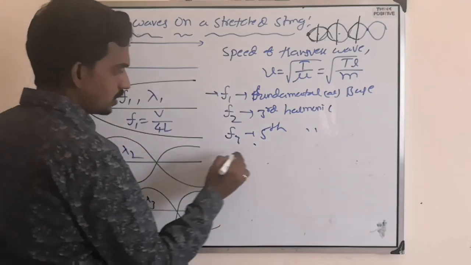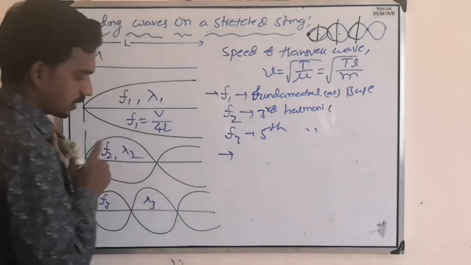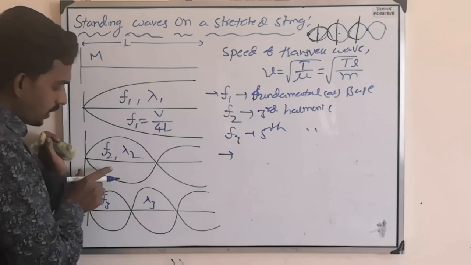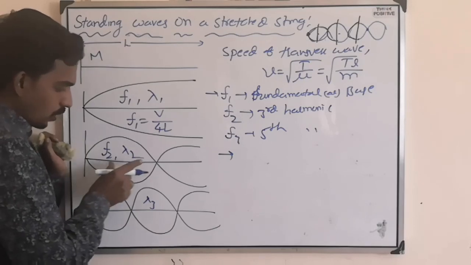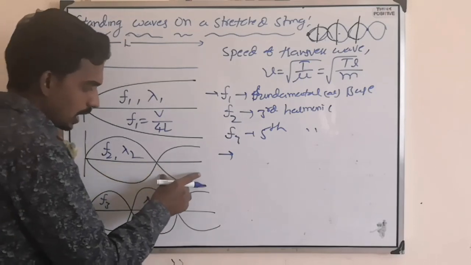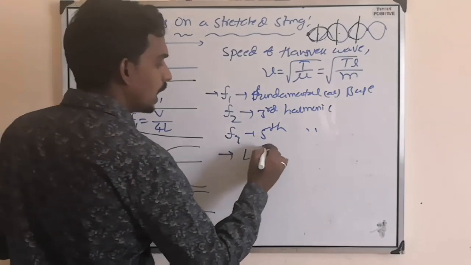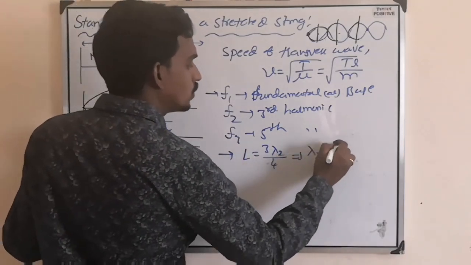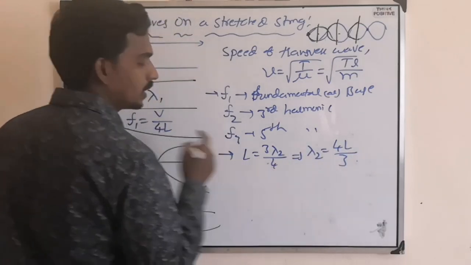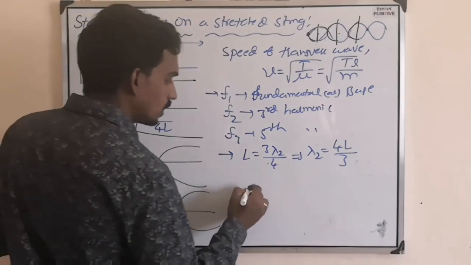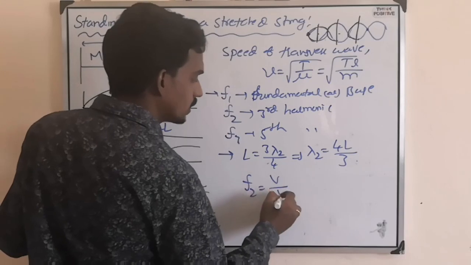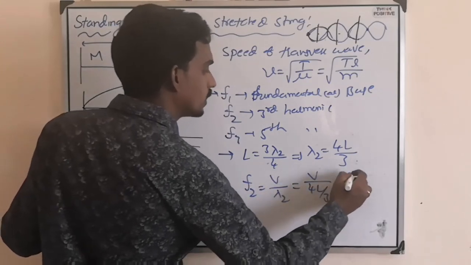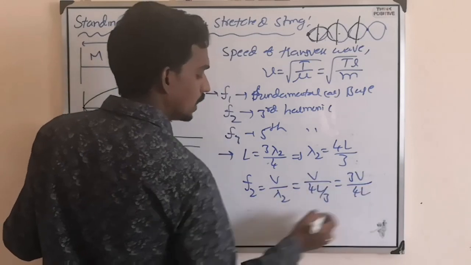The next one is, if you consider this case, the length of the string in terms of wavelength is lambda by 4, lambda by 4, lambda by 4. 3 lambda by 4. So that lambda 2 is 4L by 3. Now the corresponding frequency is V by lambda 2, V by 4L by 3, 3V by 4L.